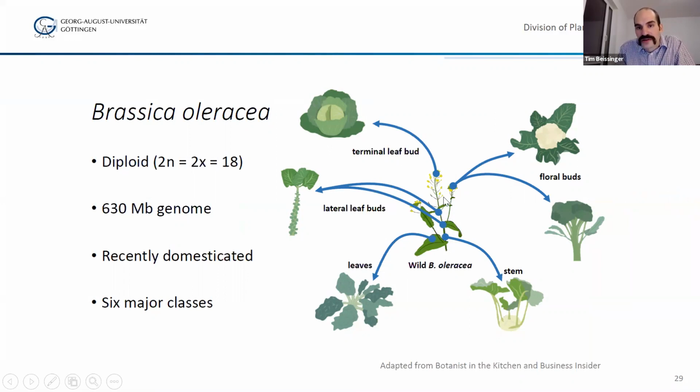So selection on terminal leaf buds led to cabbage. Selection on lateral leaf buds led to Brussels sprouts. Selection on leaves developed kales. Selection on stem, I believe this is kohlrabi. And then floral buds selection ended up in broccoli and cauliflower. So pretty neat that one species has developed all of these different plants that we get at the grocery store.